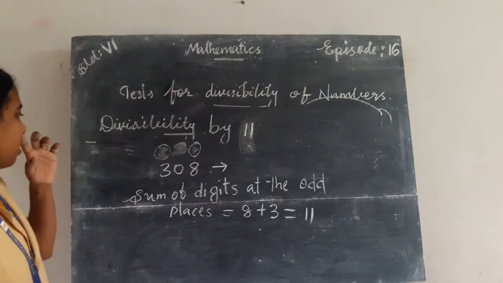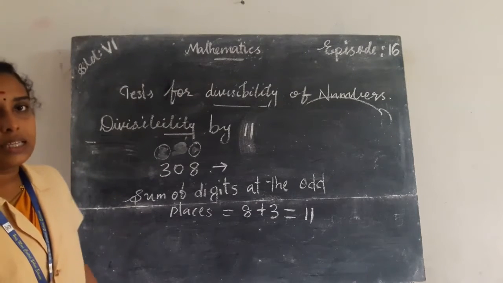And next we want to find the sum of the digits at even places.